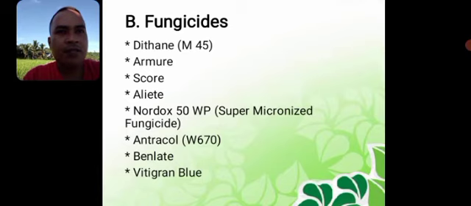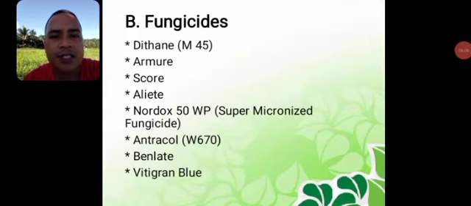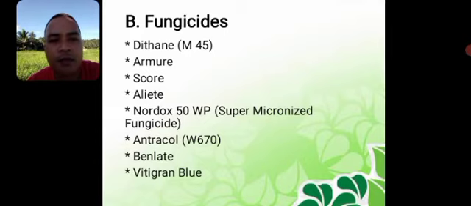Let's come to letter B, fungicides. What are fungicides? Fungicides are pesticides that kill or prevent the growth of fungi and their spores. They can be used to control fungi that damage plants, including rust, mildews, and blights.